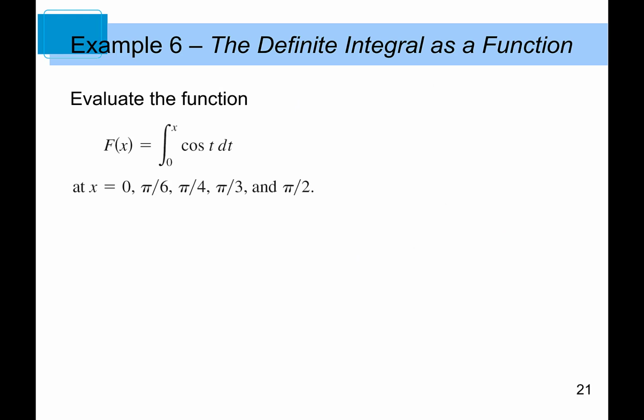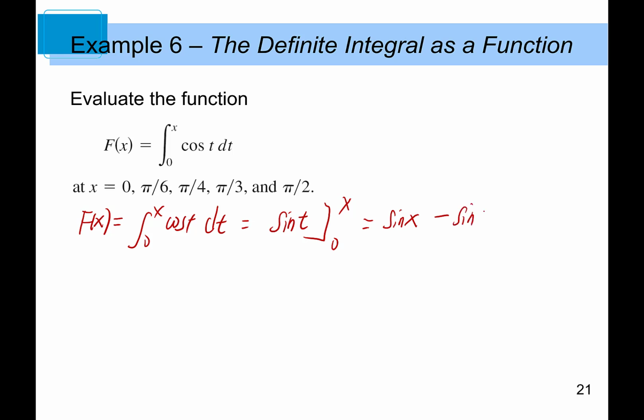Alright, so let's evaluate a function F of x equal to the integral of cosine t dt, where t is from 0 to x. So F of x: the antiderivative of cosine t becomes sine t. Now plug in x, you get sine x.